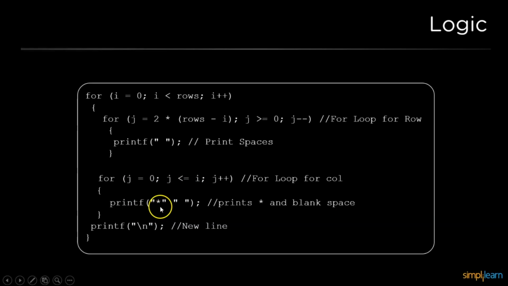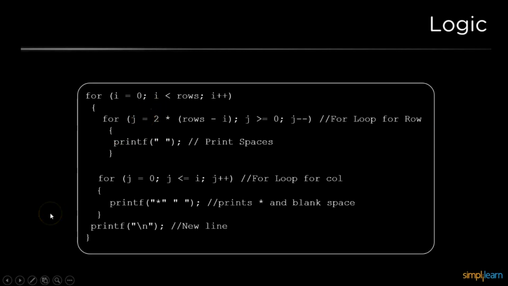And then when the condition is not satisfied, it comes out and the control transfers to the new line, goes back and increments the I value by 1. Now I value is 1, so 1 lesser than 5, which is true, and it prints the spaces. This will repeat until it prints all these stars.